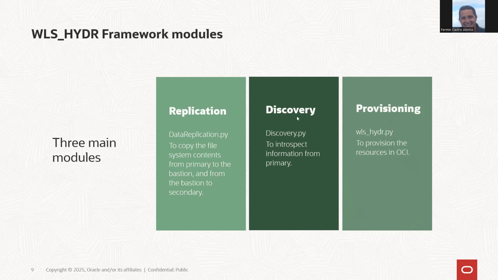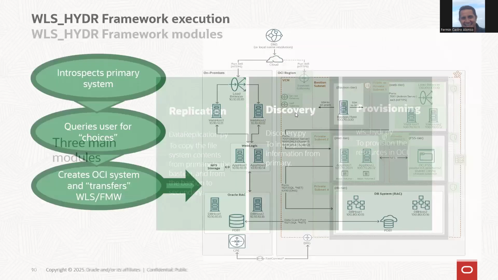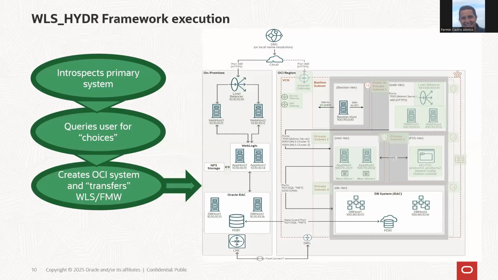All of those are separate, but when they run together, they allow you to automate the whole setup process. What we do, as I said, with the three modules is connect to a primary system and introspect information in that primary system. We ask the user for additional choices: we have detected that you're using these three different virtual hosts in your chassis, which one do you want to use for this precise application or domain that you're migrating or setting up DR for?